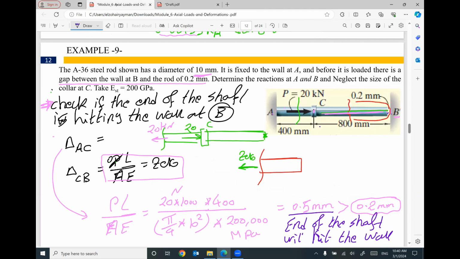You know why? If you go back to this problem, the total axial deformation in this shaft is only allowed to be 0.2 millimeter. After that, this wall will prevent any axial deformation anymore.